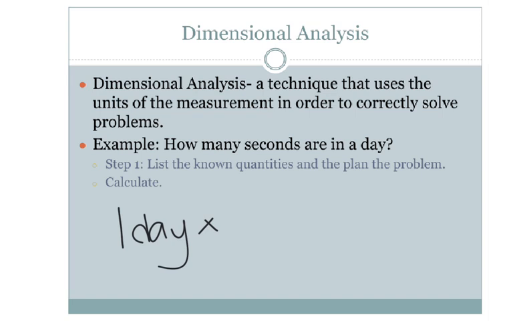How you want to convert between different units is to try to get rid of those units. So 1 day times 24 hours would leave me at day times hour for my unit. So the units in the denominator and numerator need to be the same so I can cancel them out.